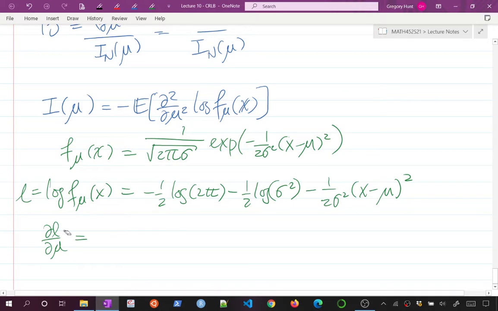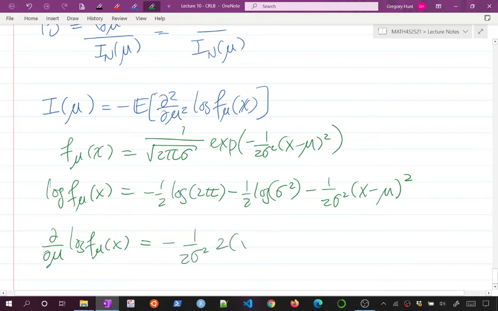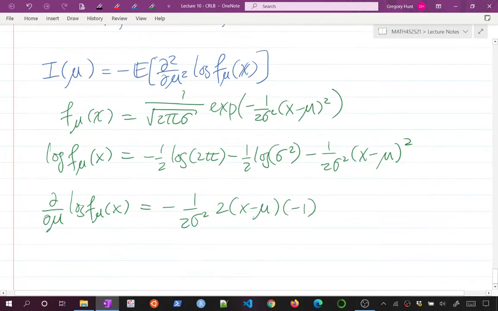Oh boy, I won't be lazy. Let's just make sure this doesn't get confusing. The derivative with respect to mu of this bad boy is, the 2 pi thing goes away. The sigma squared doesn't depend on mu, so that goes away. And we get our constant out front, and we get a 2 down times x minus mu, and a negative 1 from the inner derivative, just some chain rule.